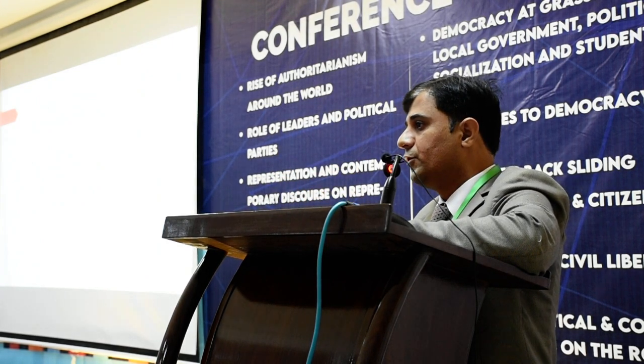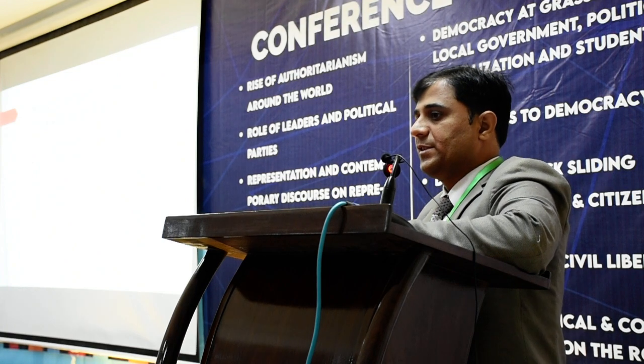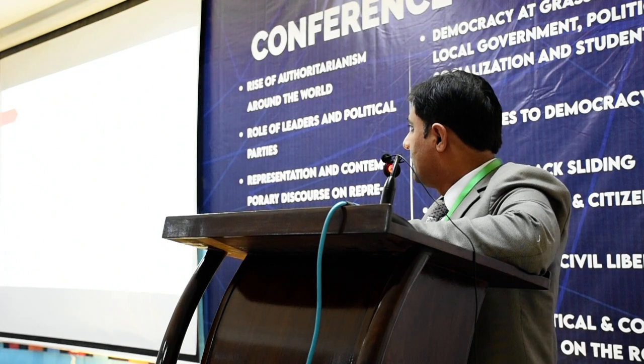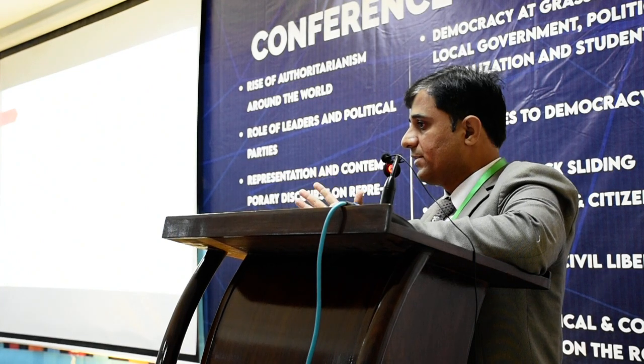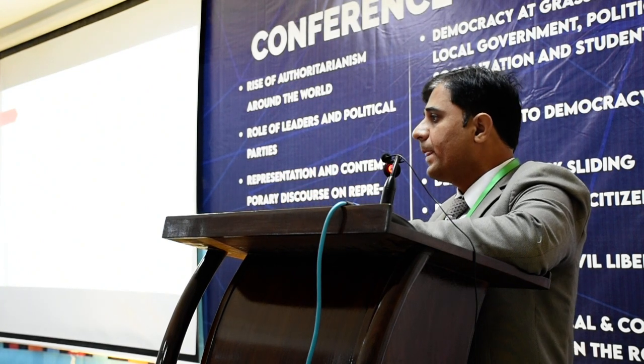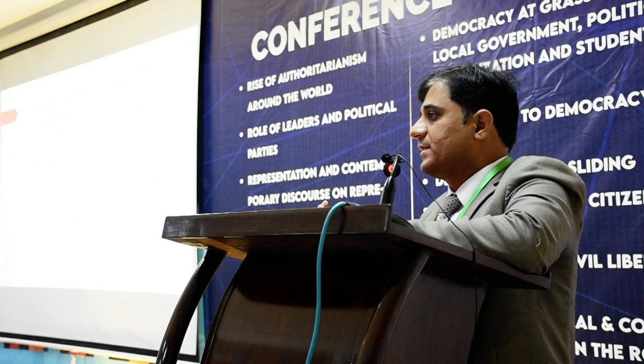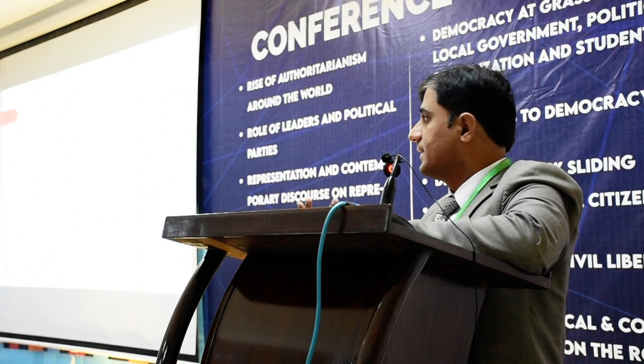So an independent judiciary should be a symbol of a viable federation. So these are basically the characteristics of a viable federation, and we have to look at Pakistan, and what type of federation Pakistan is.